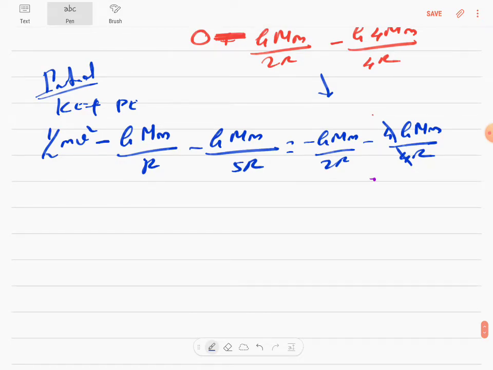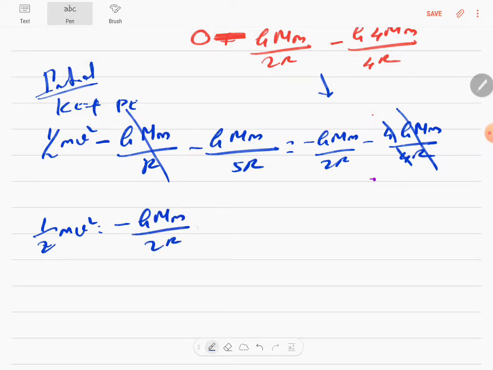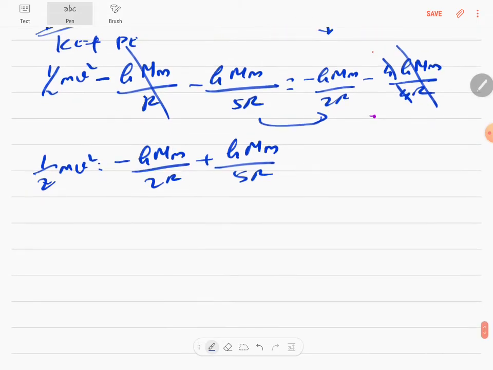Let me calculate half mv square is equal to this: minus G capital M small m by capital R minus G capital M small m, both of these will get cancelled. So you have a minus G capital M small m by 2r plus G capital M small m by 5r, which becomes a plus when taken to the other side.